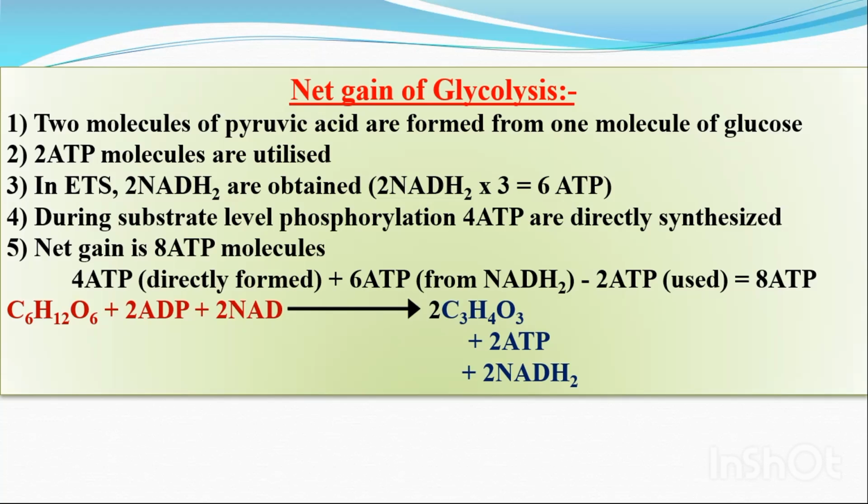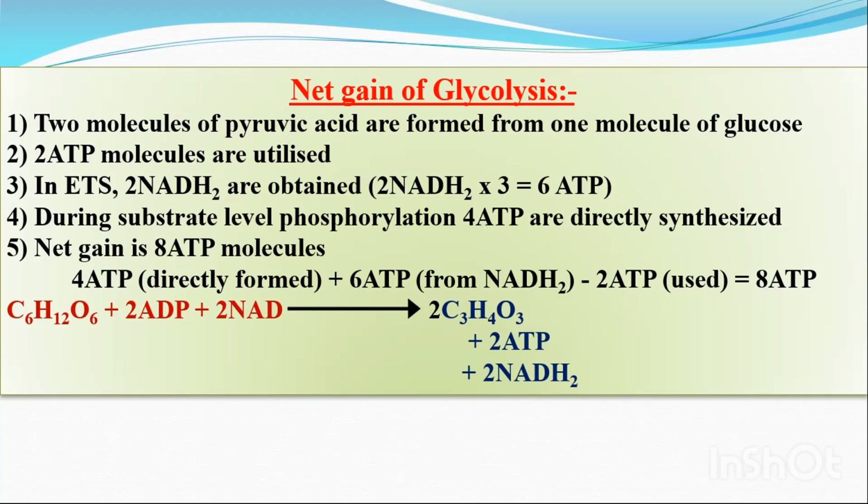Then during substrate level phosphorylation, where addition of inorganic phosphate takes place directly without involvement of organic phosphate, 4 ATPs are directly synthesized. As a whole, if we see the net gain, 4 ATP from substrate level phosphorylation and 6 from the NADPH2 means a total of 10.